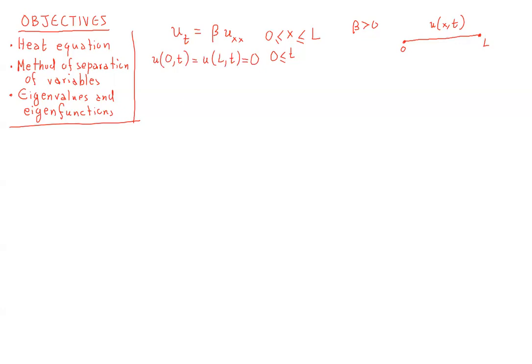Okay. And secondly, that the distribution of heat is known for time t equals 0. And so this is the typical problem that is given to you.